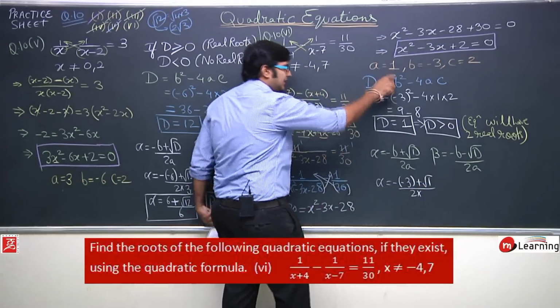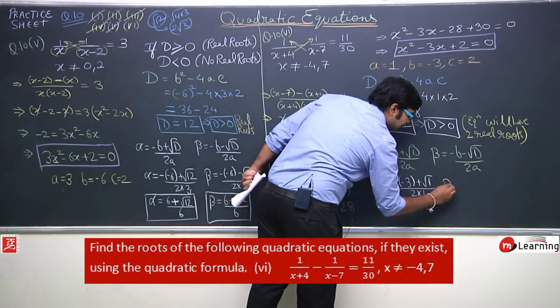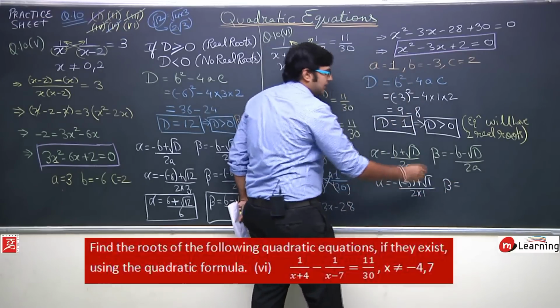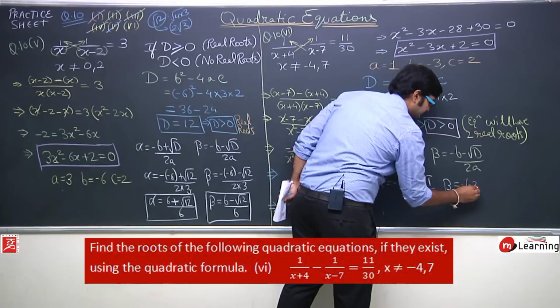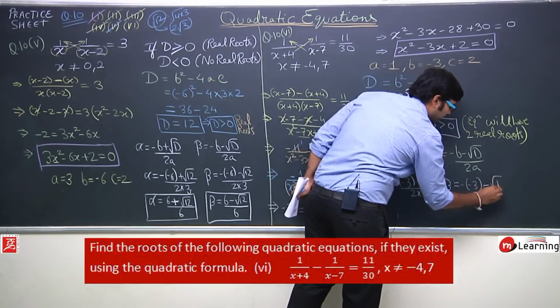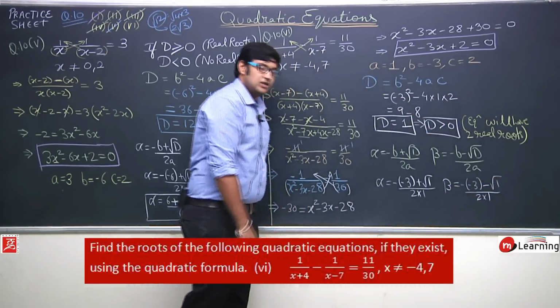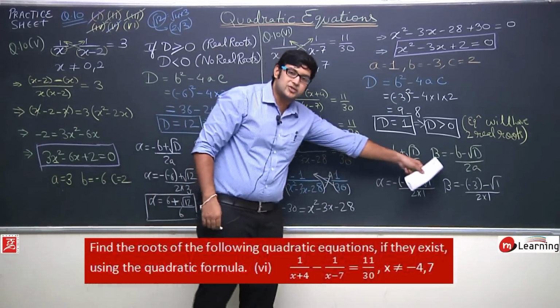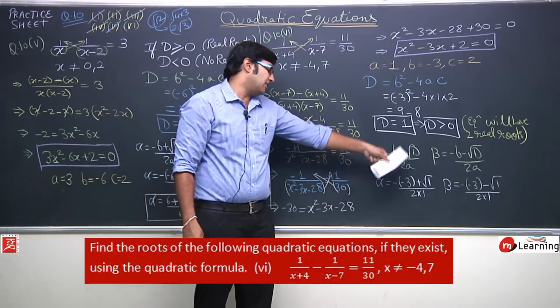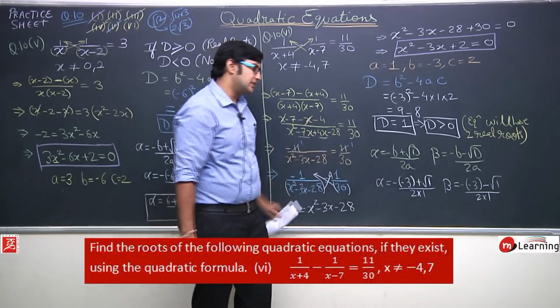What is a? A is 1. And similarly beta is equals to minus of minus 3 minus root of 1 divided by 2 into 1. Okay, so now you can solve these two expressions to determine the value of alpha and beta. You can very easily solve this.